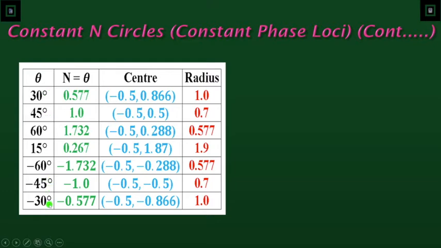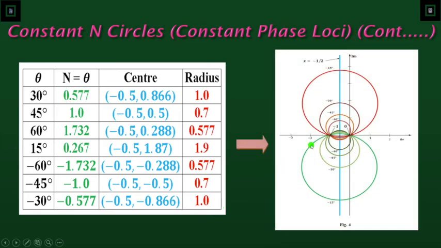For different values of theta, we get different values of N, and then find the center and the radius. For different values of theta, N circles are drawn. This center is always minus 0.5, that means minus half. So this center is always at a distance x equal to minus half, and y depends upon the phase shift. All the circles pass through minus 1 as well as 0.